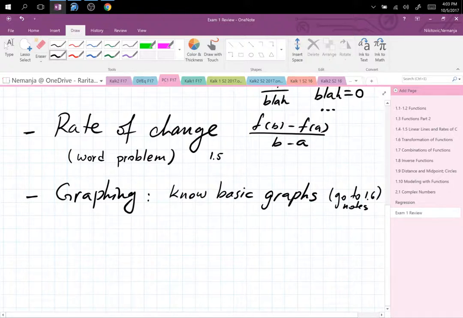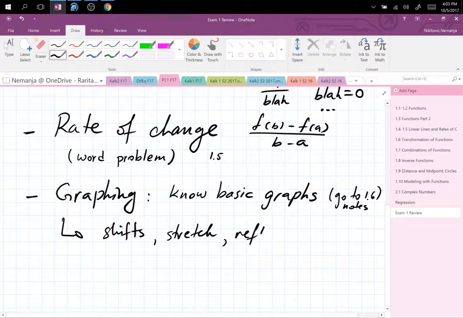And now when you know basic functions, you can do the shifts, stretch, reflect. Make sure that you do this first.